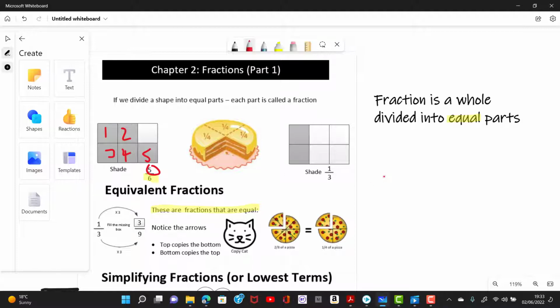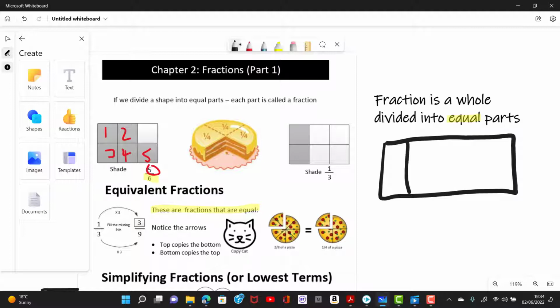I'm going to go a bit more tricky, so let's do a slightly different one from the book. Let's say this whole is divided into 8 equal parts: 1, 2, 3, 4, 5, 6, 7, 8.